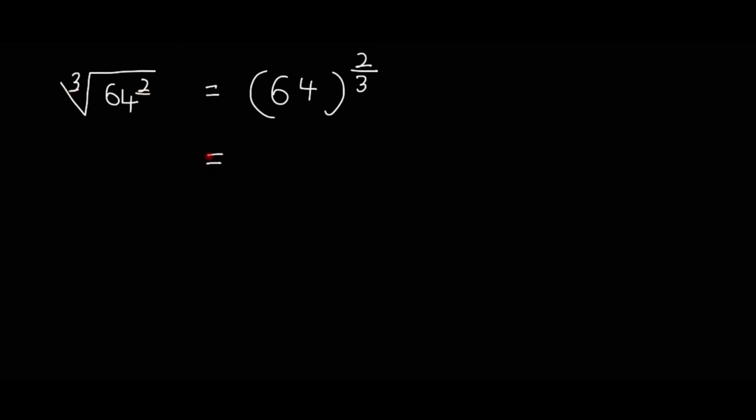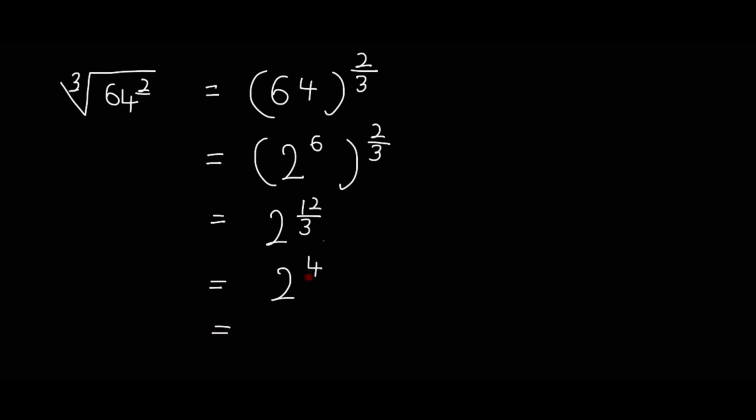And then from here we change the 64 into its prime factors, which is 2 to the power 6, and then 2 over 3. From here 6 times 2 is 12, so 12 divided by 3, and 12 divided by 3 is 4. Then 2 to the power 4, and 2 to the power 4 is 16. So it's simplified.